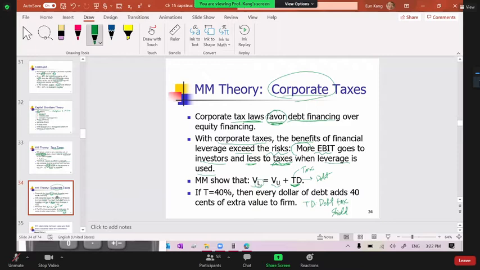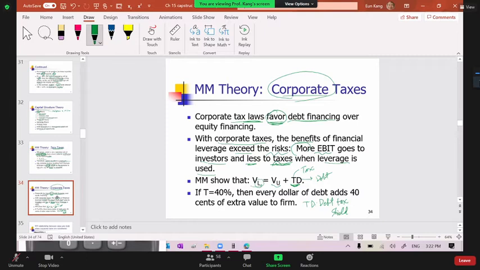Just tax savings from using debt. Because your interest is tax deductible, so you pay smaller tax. This saving is revenue, I told you, in finance. So value of levered company is greater than value of unlevered company because of tax benefit.